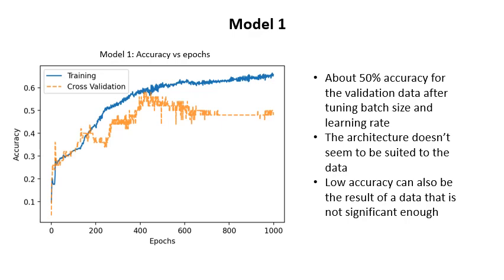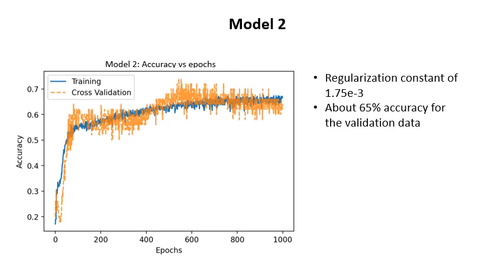We plot the accuracy versus the epochs for the first model. From the graph, it is evident that we have low accuracy and overfitting. The low accuracy is a consequence of a lack of data points and the lack of visible separation in the k-means clustering.